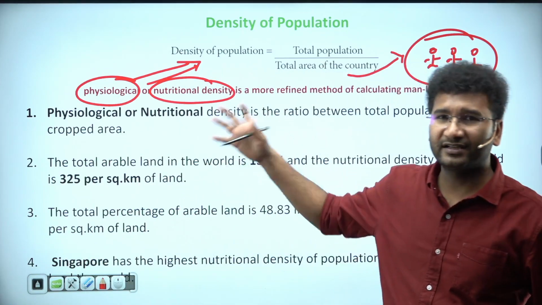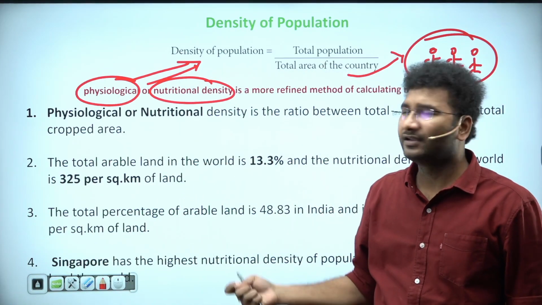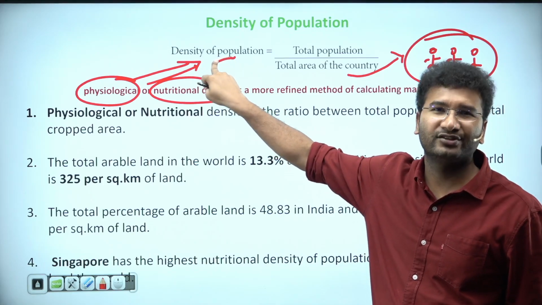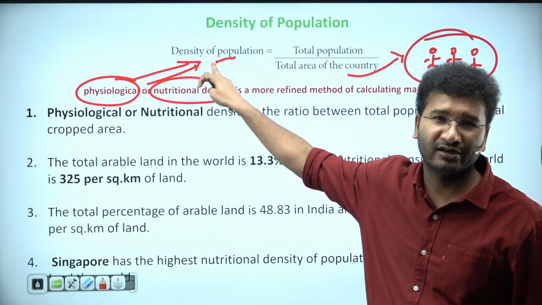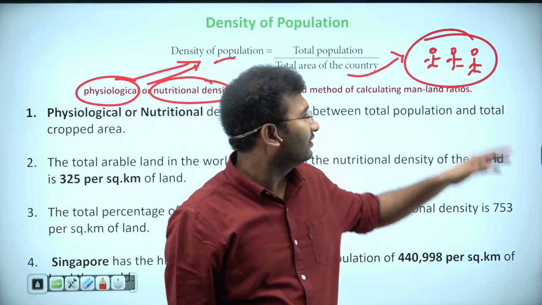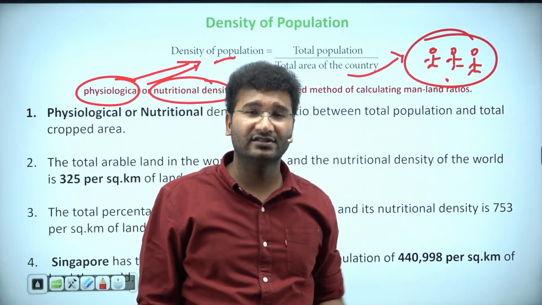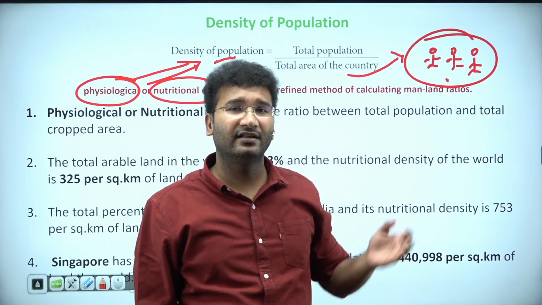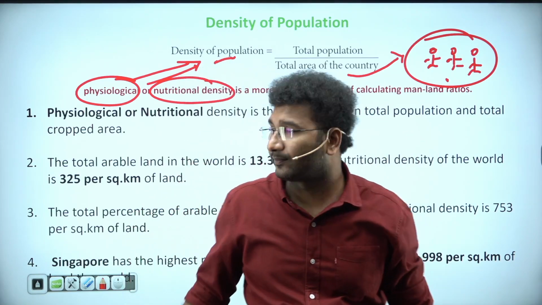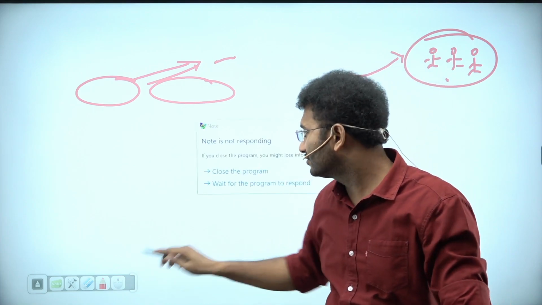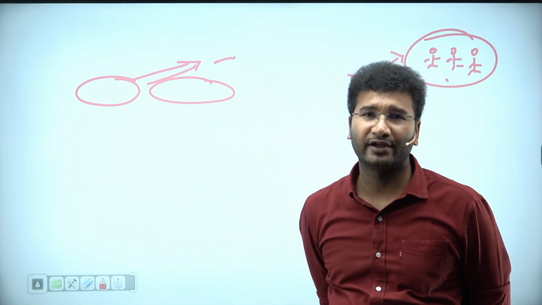The old density of population method used to take into account only the total area and the total number of people. But the new methodologies of calculation of density, other than the traditional density, are your physiological density and nutritional density. These two components you also need to look into.